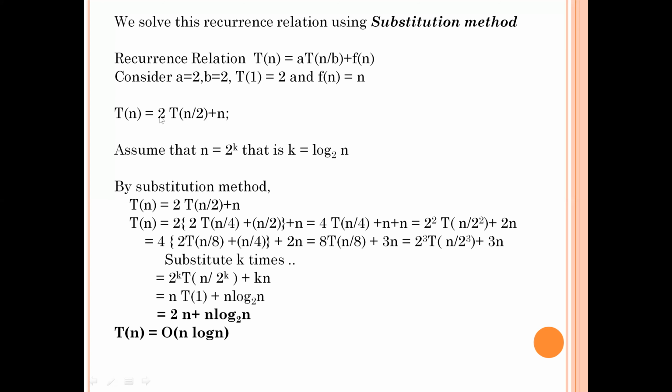For a you substitute 2, for b you substitute 2, and for f of n you substitute n. So you will get 2 T of n by 2 plus n. Now also assume that n is equal to 2 power k. So 2 power k means k is equal to log n base 2.